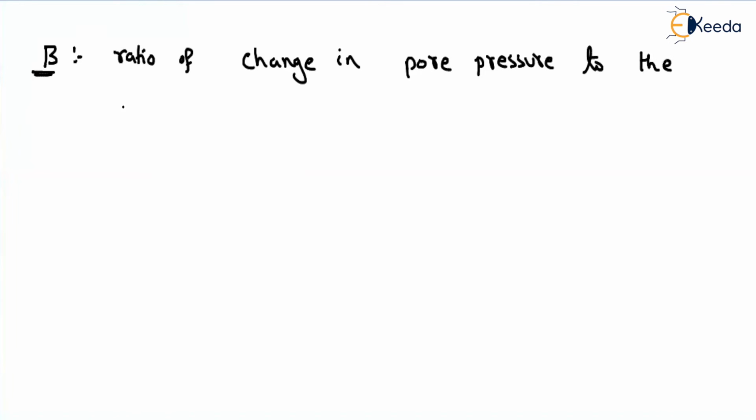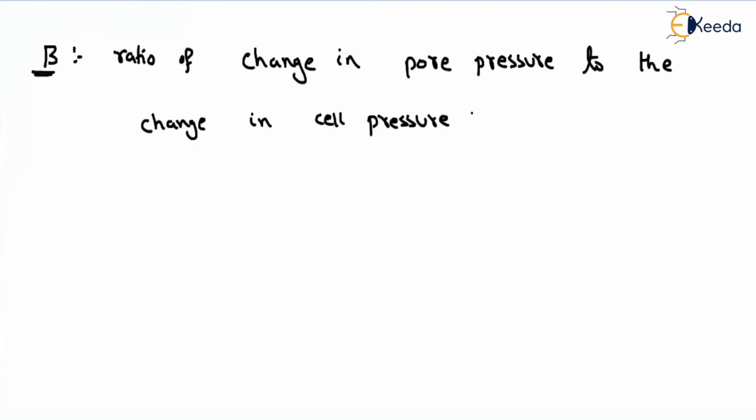How can we find out the parameter B? B is the ratio of change in pore pressure in the confining stage to the change in cell pressure.